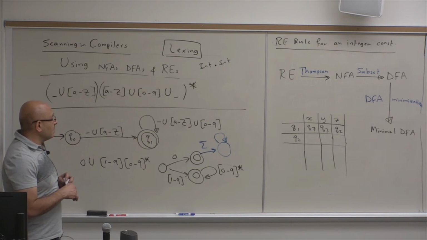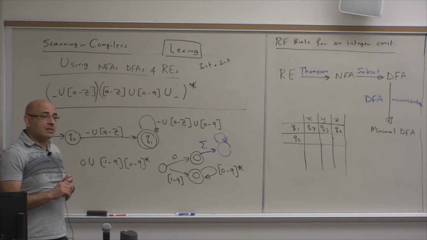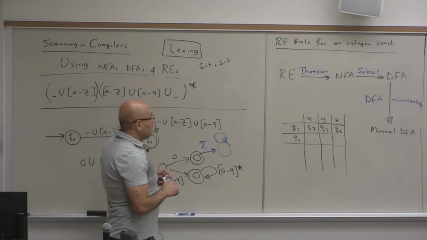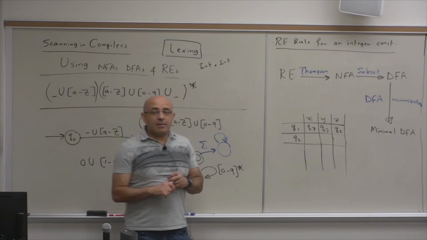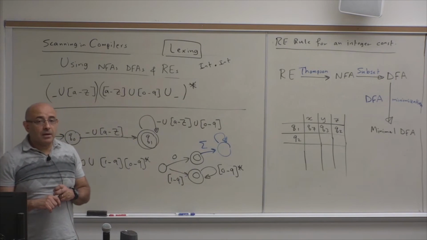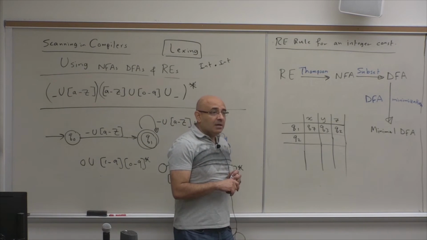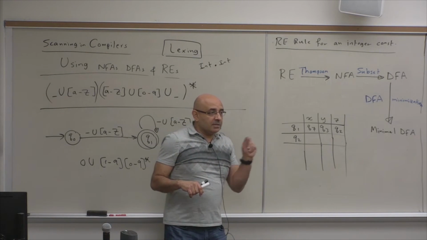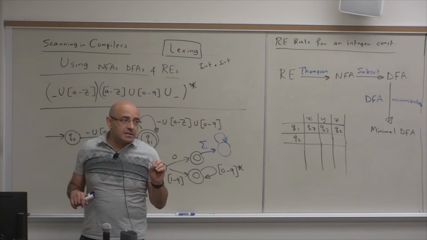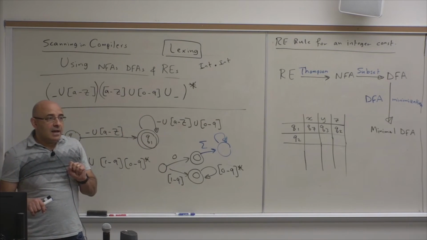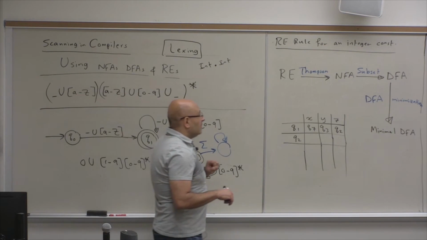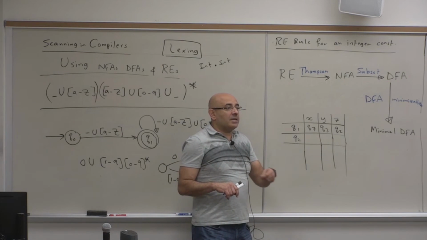Now, scanning is one of the easiest stages in a compiler. The more challenging and more interesting stage is parsing, which is taking these tokens that you identify during the scanning stage and constructing statements out of them, or sentences.